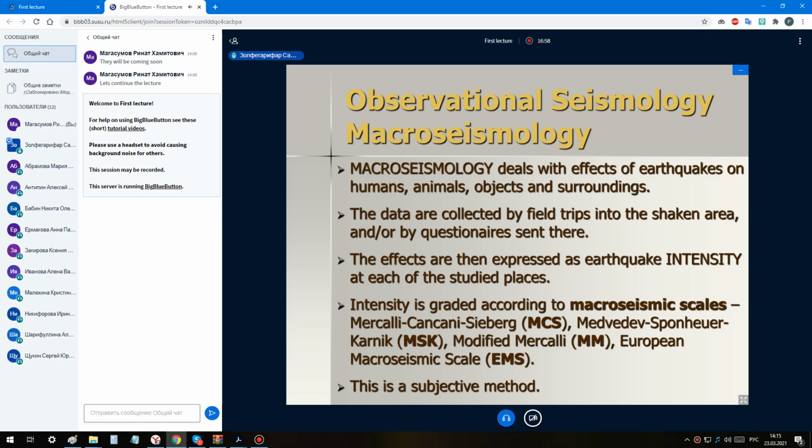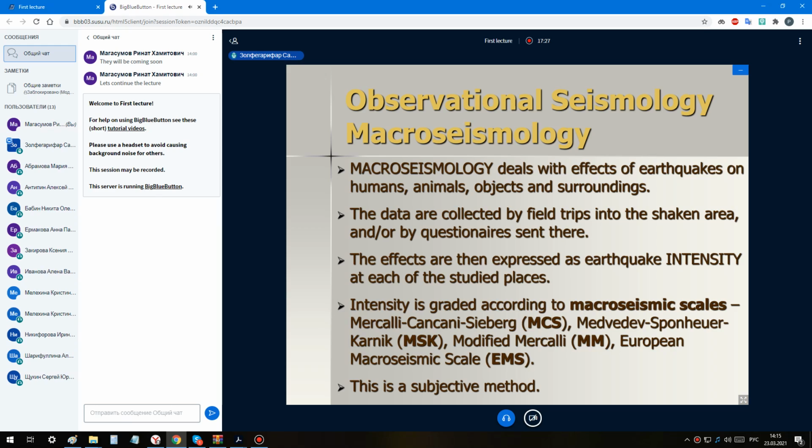In fact, macroseismology deals with the effects of earthquakes on humans, animals, objects, and surroundings. The data are collected by field trips into the shaking area and/or by questionnaires sent there and then calculated.